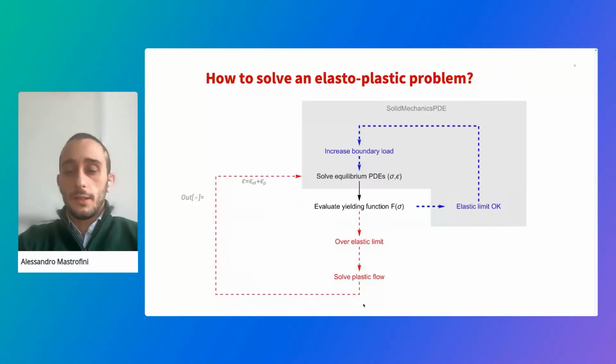To do that, we need an iterative approach because we need to solve the equilibrium, the classical PDE, so we can evaluate the stress and see if we are over the yielding limit. If the limit is okay, we can continue; the elastic solution is okay.